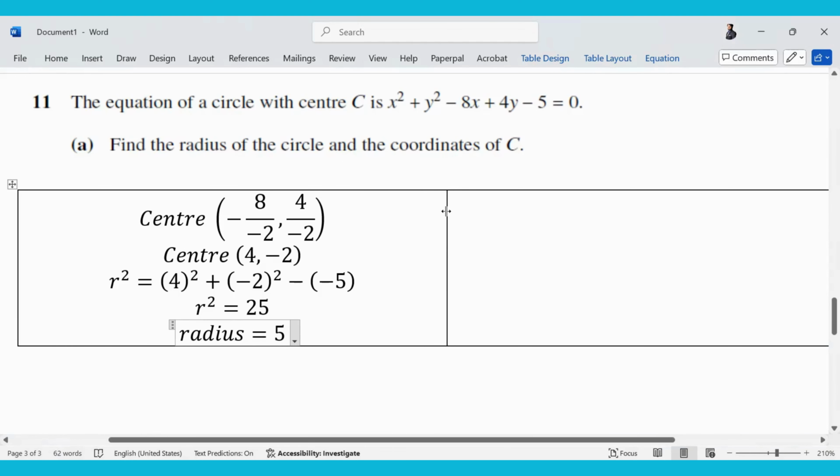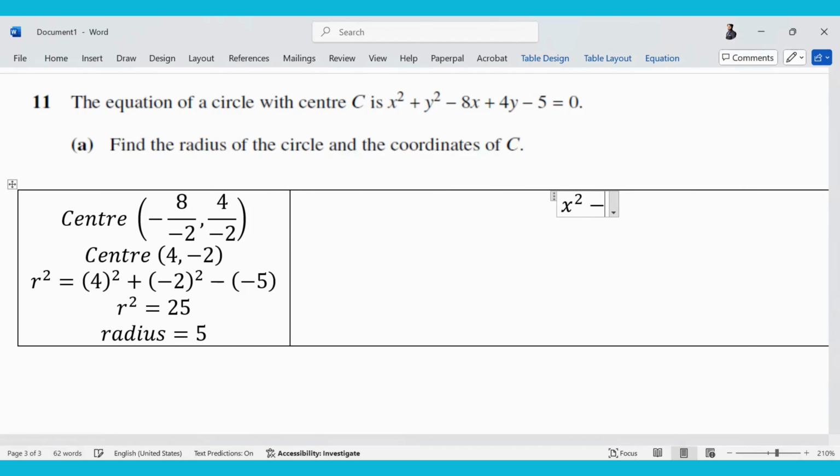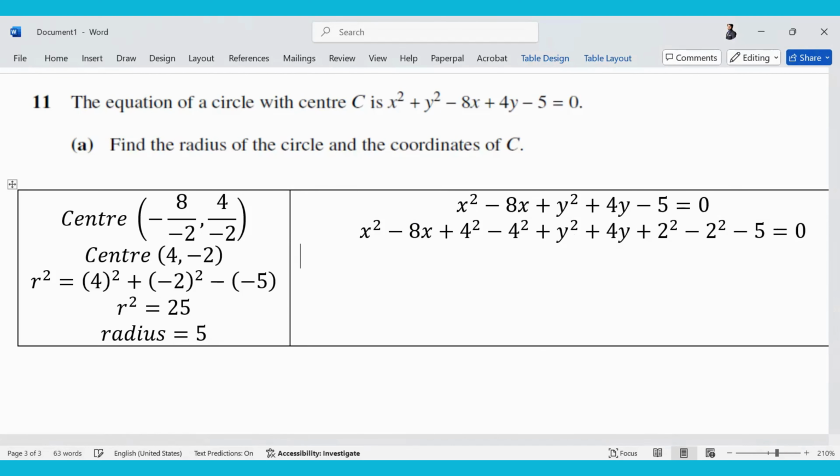Again, another method that you could have done, it is a very lengthy one, but I'll tell you so that you don't say, sir, it was like this, it was like that. x square minus 8x plus 4 square minus 4 square plus y square plus 4y plus 2 square minus 2 square minus 5. What have I done? Completing the square of two expressions of two variables, for x as well as y.